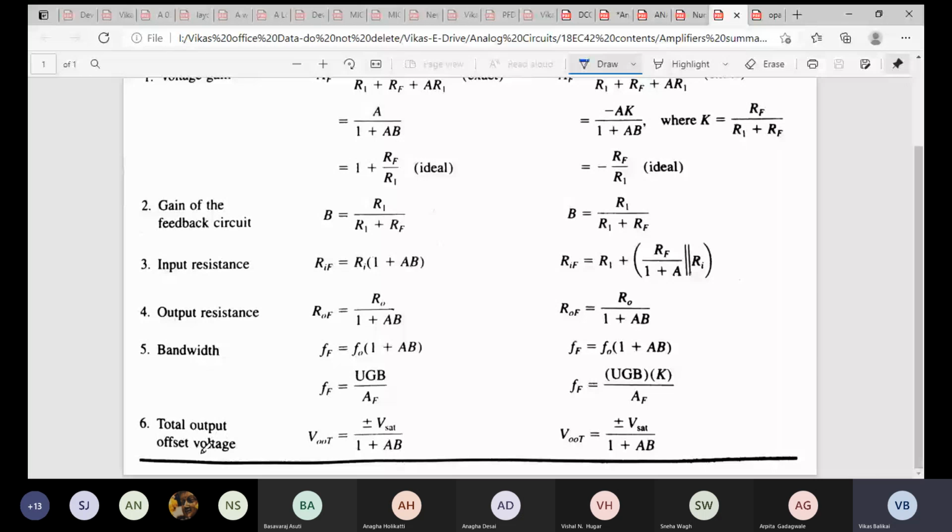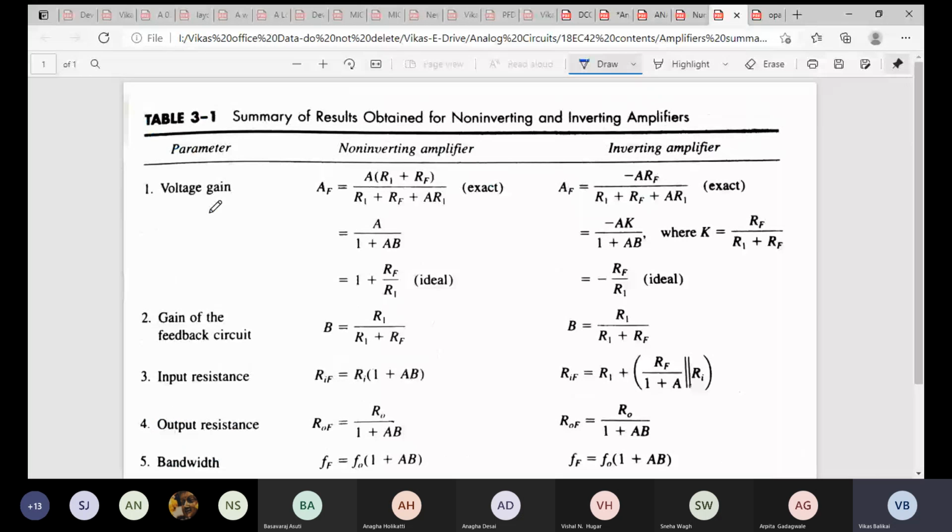Though we haven't done this particular one because that was not mentioned, we have done various derivations with respect to these aspects. Now, if I put them beside each other and compare them properly, this is what I'm going to get.